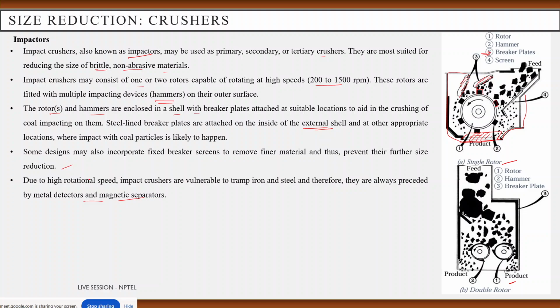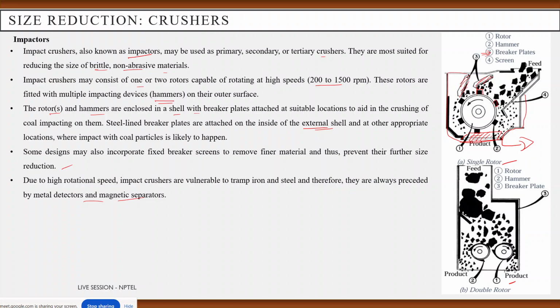Here it is written that due to very high rotational speed, the impact crusher may sometimes produce some iron and steel contamination from the lining inside the crusher. So we always place a metal detector or magnetic separator for processing the product from the impact crusher.